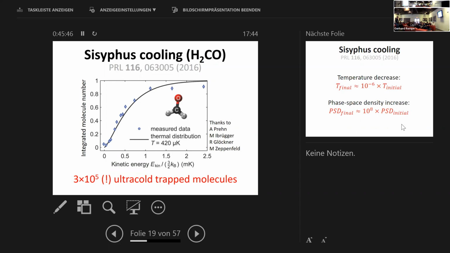Formaldehyde is kind of nice because it has a transition to the first electronically excited state at around 350 or 360 nanometers. So it's still in the ultraviolet, but not so deep. We did some optical spectroscopy on formaldehyde, just because this has experimentally, technologically convenient wavelengths.